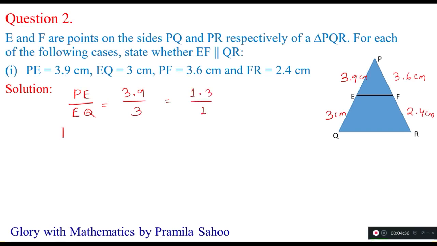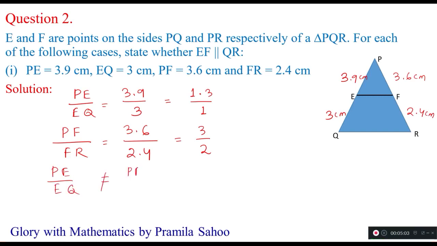So PF by FR is equal to 3.6 by 2.4, which is equal to 3 by 2. So the two ratios are not equal. PE by EQ is not equal to PF by FR.